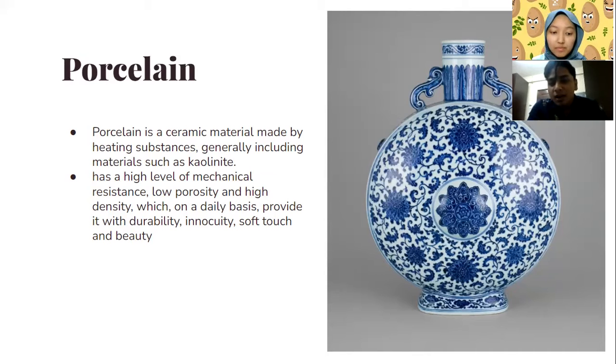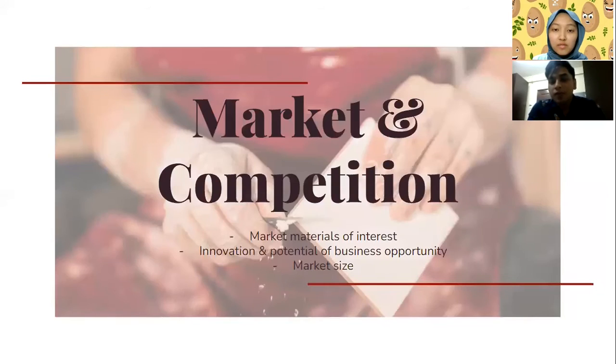Usually our mother will put it in the house as a display, usually in a cupboard, because it is very good and unique for a house to own at least one. Yeah, I think that's all for porcelain. So we can skip to the next part.